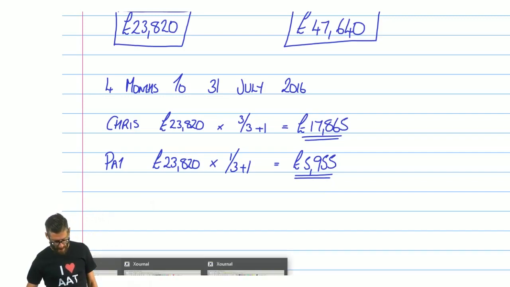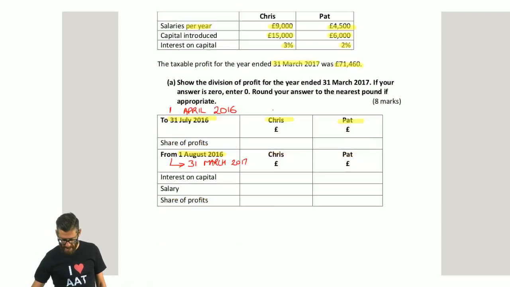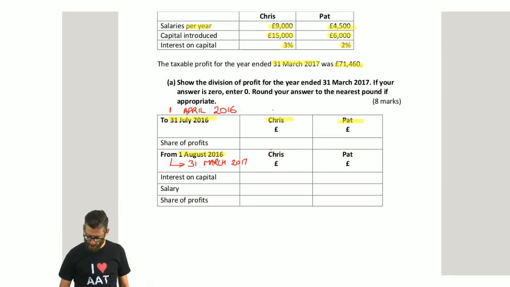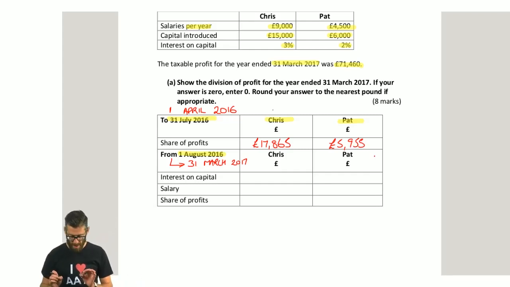Let's go back to our answer and let's put those numbers in. Now, share of profits, we've just said Chris gets 17,865 and Pat will get 5,955. Comfortable?